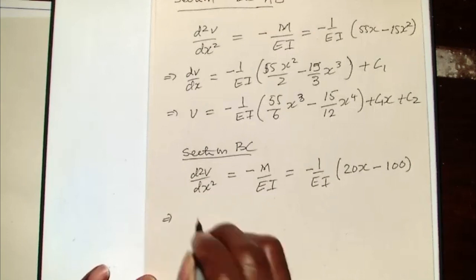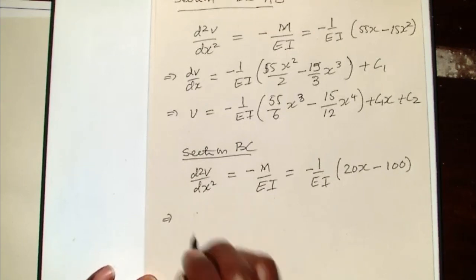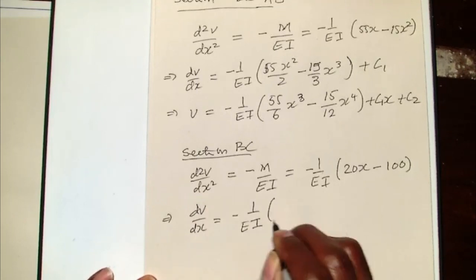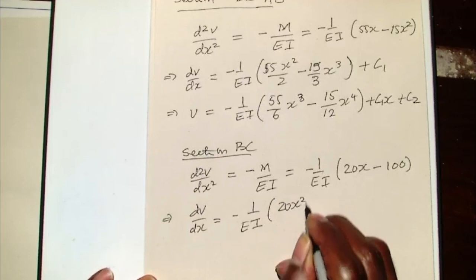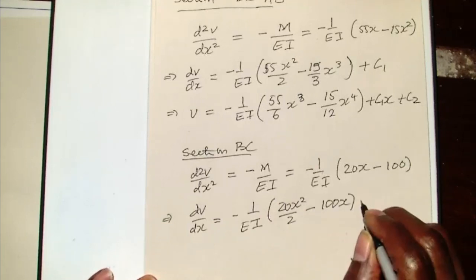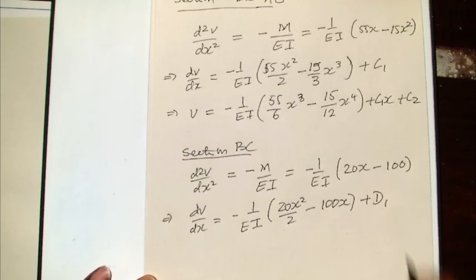The first gives dv/dx equals minus 1 over EI times 20x squared over 2 minus 100x plus D1.